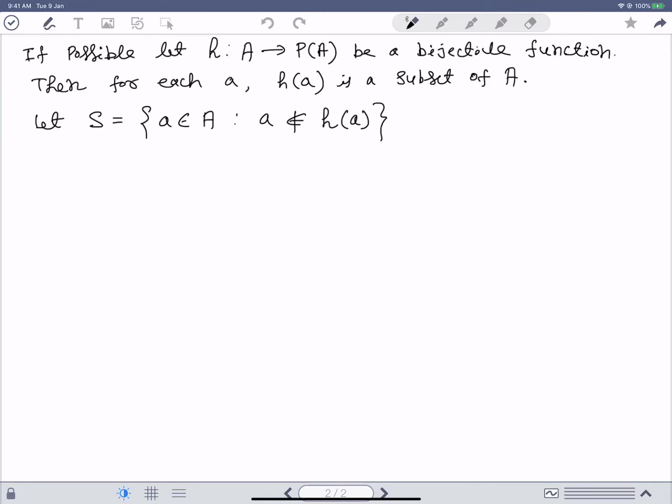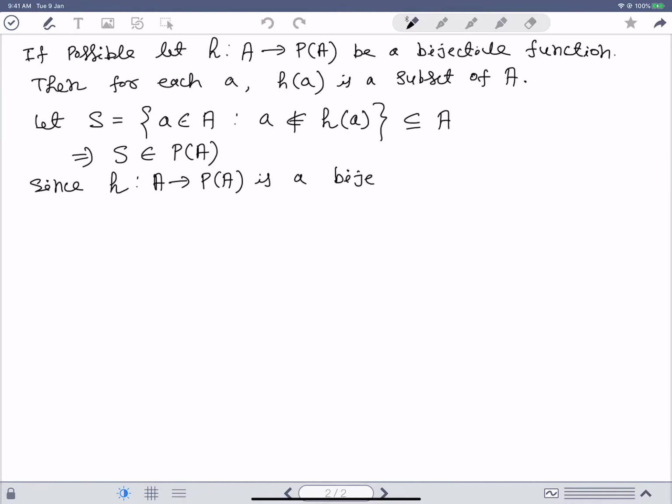Now obviously S is a subset of A, right? That means since S is a subset of A, S belongs to the power set of A. Now it is given that h from A to P(A) is a bijective function, right?